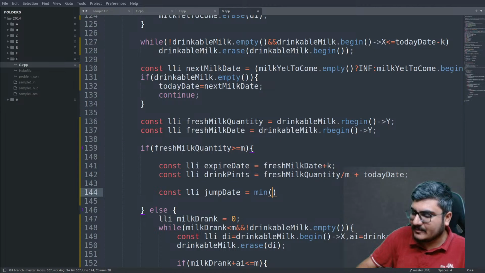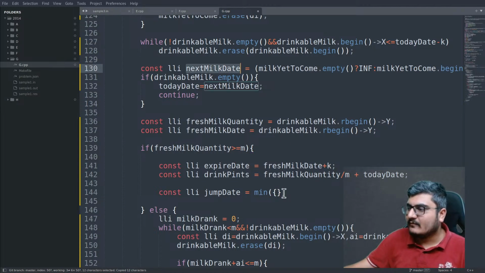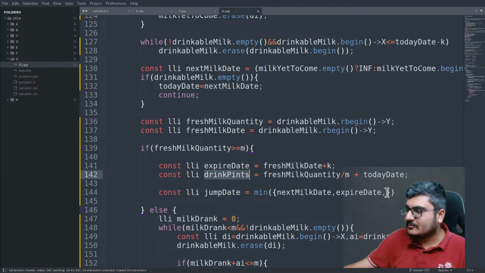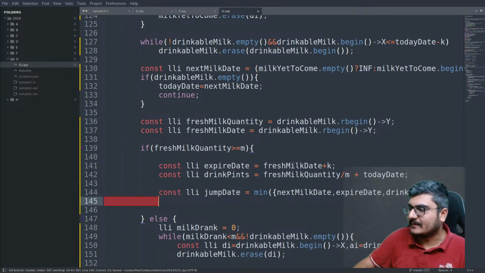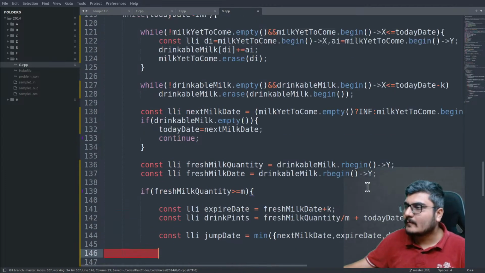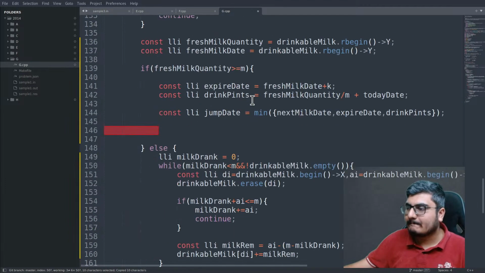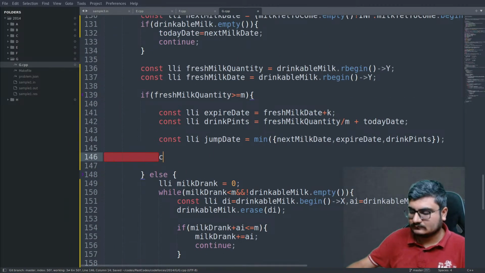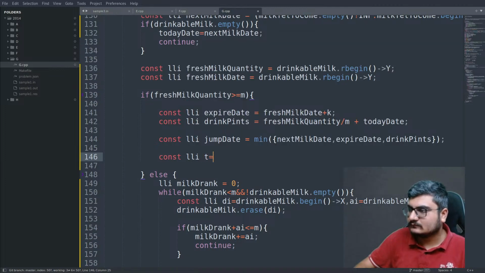The directly jumping date is the minimum of all the 3 dates: whenever the next milk comes, whatever is the expired date, and whatever is up to which we can drink. And jump date minus today.